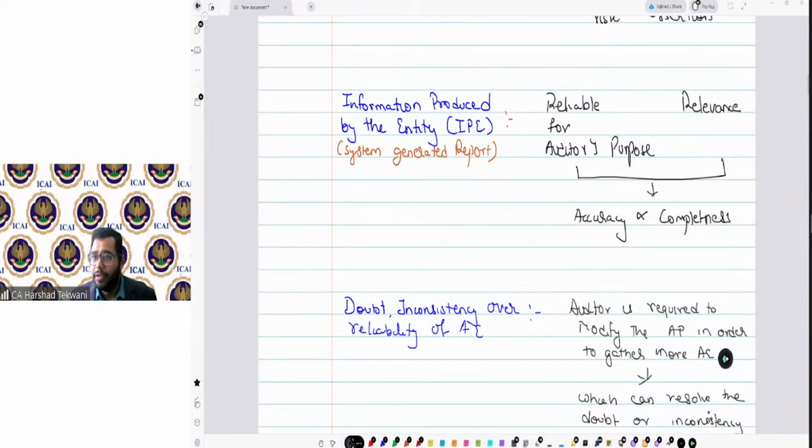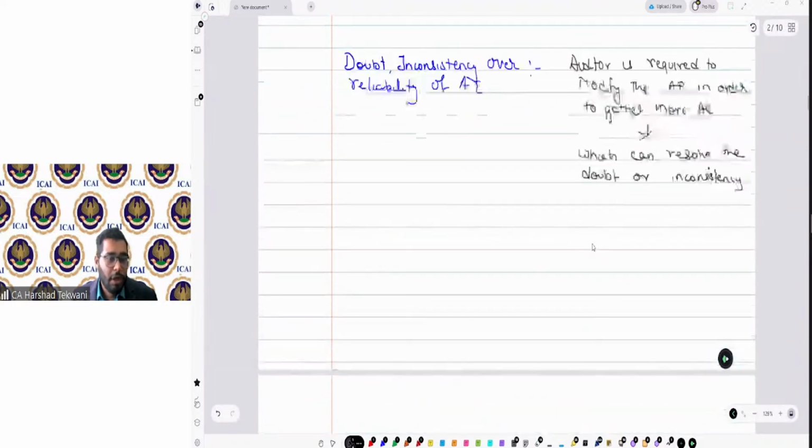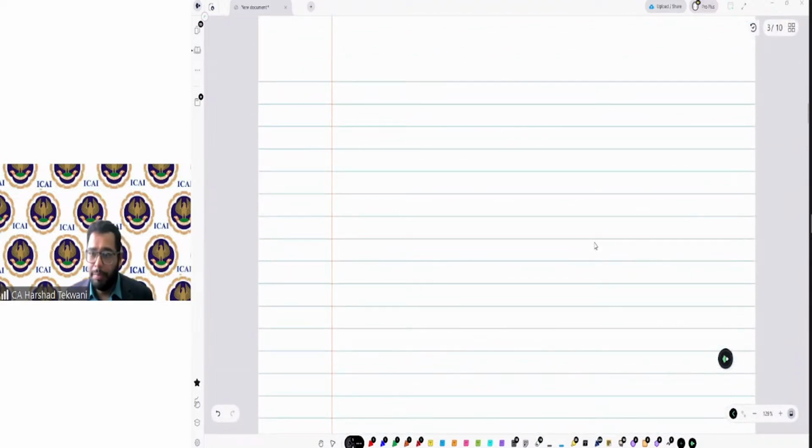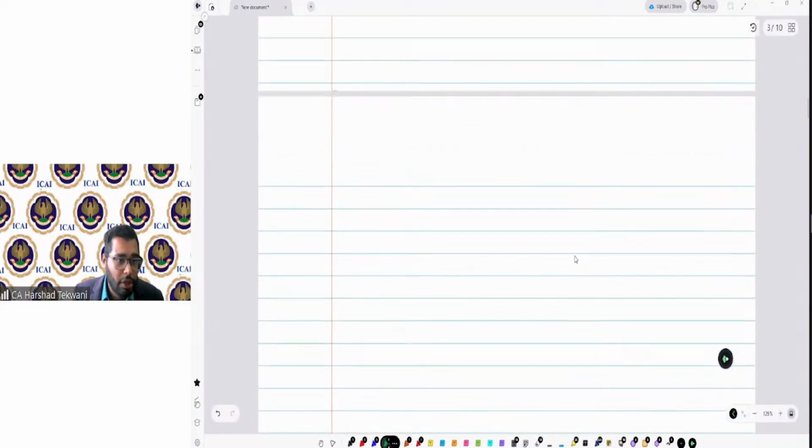Now coming to the next part, that is SA 501, Audit Evidence: Specific Considerations for Selected Items. Now, this is again more on the practical side because it covers a few practical areas which are important during the audit.